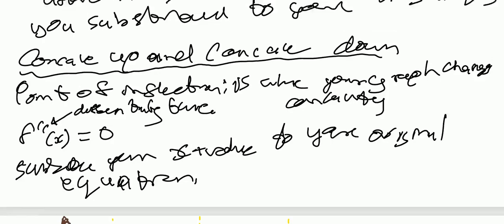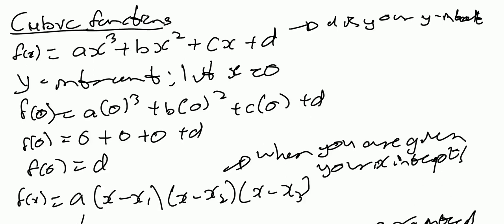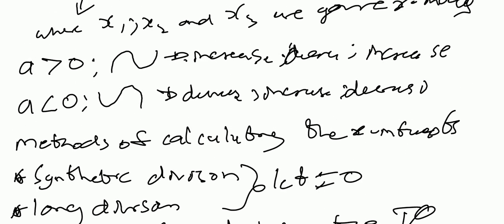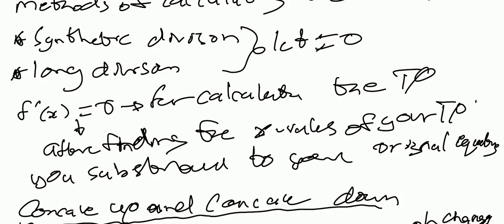Let's go up. Remember, I said your f of x is what? Is your cubic. Let's label. This is your cubic. So, when you differentiate a cubic, you are going to find what? A parabola. That means your f prime x is a parabola. Just know it. You will see the highest degree in a parabola is 2.